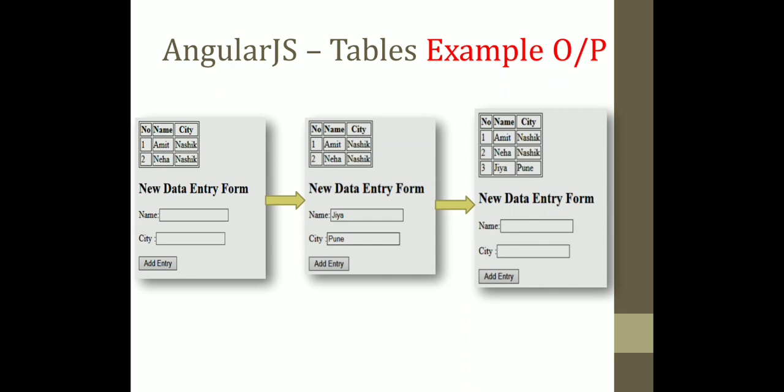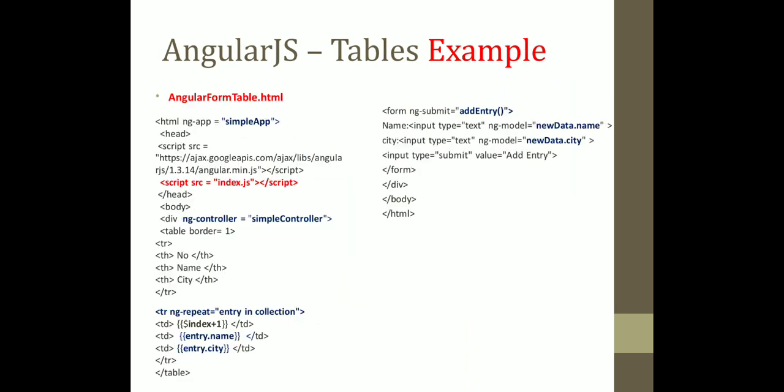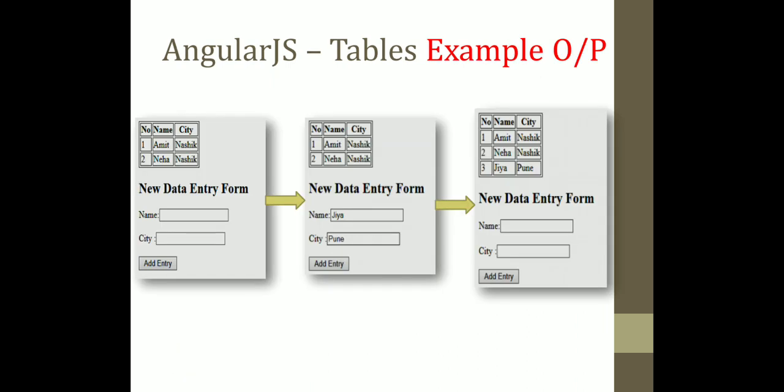We have used the number column as $index plus 1, so it will be automatically increased with the number of entries. We haven't given any input for the number column by the user; it is automatically updated with the number of entries.